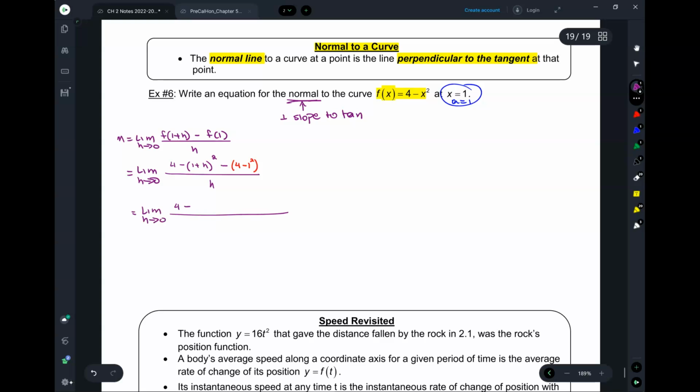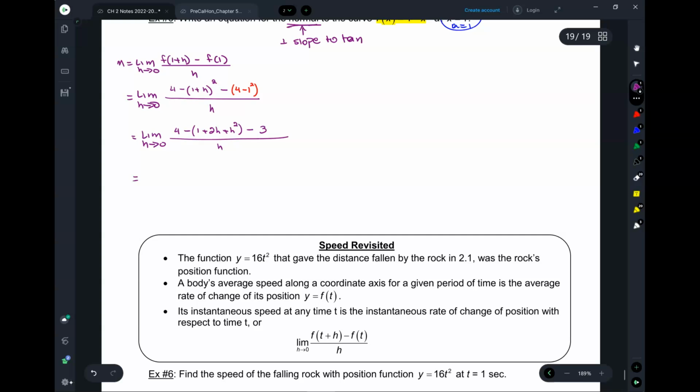4 minus, when you square that, you get 3 terms: 1 plus 2h plus h squared, minus 3, all over h. Okay, we simplify. Listen, guys, let's wait until the end, and I promise all of your questions will be answered.